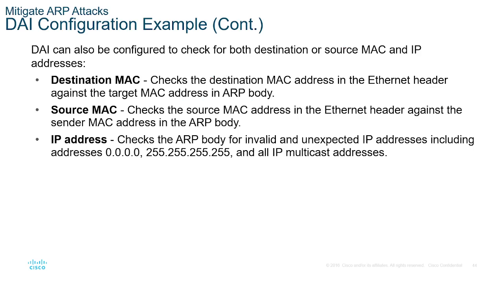Ayan. So, I can configure to check both destination or source MAC address. So, destination MAC checks the destination MAC address in the Ethernet header against the target MAC address in the ARP body. So, yung source MAC, ito yung nagsend ng data or ng message. Then, kino-counter check lang yun against the header dun sa sender MAC address dun sa ARP body. And then, syempre, yung IP address, it checks the ARP body for invalid and unexpected IP addresses, including yung ating 0.0.0.0 and yung 255.255.255.255, yung mga lahat ng multicast addresses.